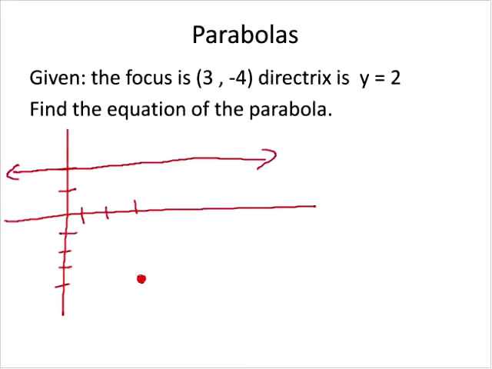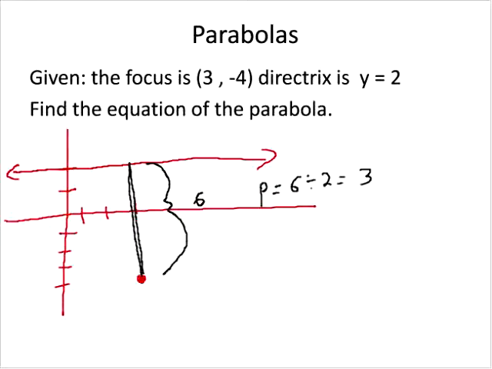What I'm looking at is the line that connects the vertex and the directrix. The length of that little line segment is 6. Well, p will equal half of that.